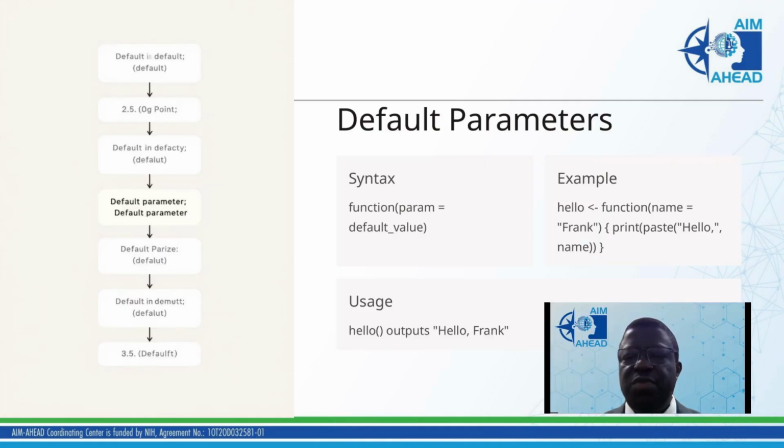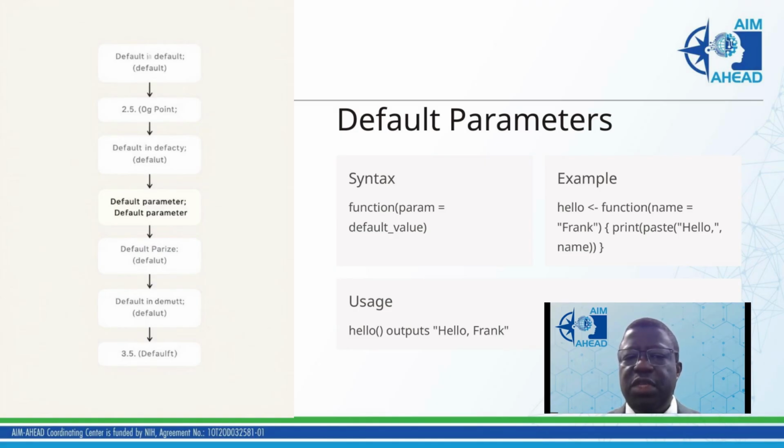Let's explore how default parameters can enhance the flexibility and usability of your functions. Let's begin by defining a function with default parameter values. In R, you can specify defaults within the function definition as follows. function(param = default_value). For example, consider the following function. hello <- function(name = "Frank") { print(paste("hello", name)) }. By calling hello without any arguments, the output will be hello Frank.